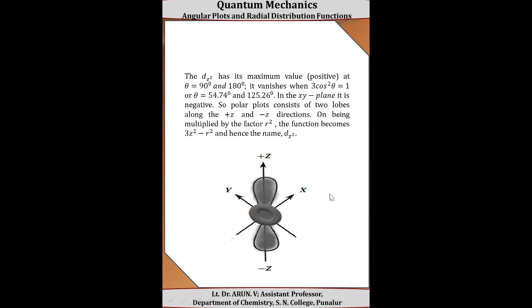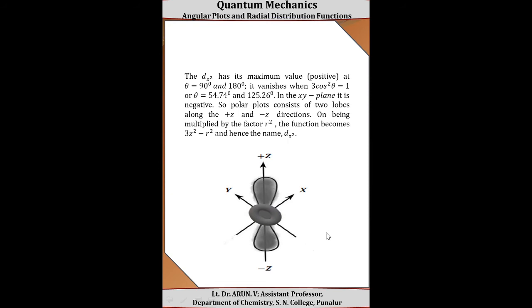First one is the dz square orbital, and the dz square has its maximum positive value at theta is equal to 90 degree and 180 degree, and the dz square function vanishes when 3 cos square theta is equal to 1, or theta is equal to 54.74 degree and 125.26 degree.